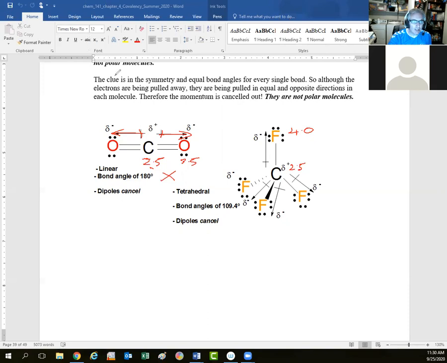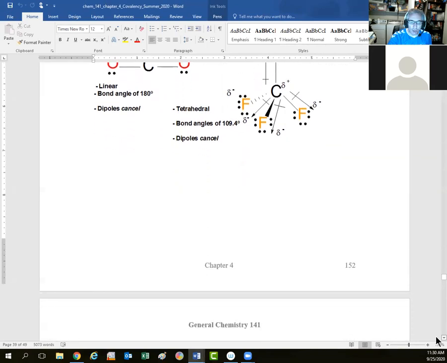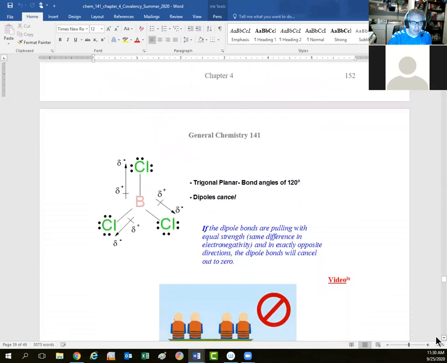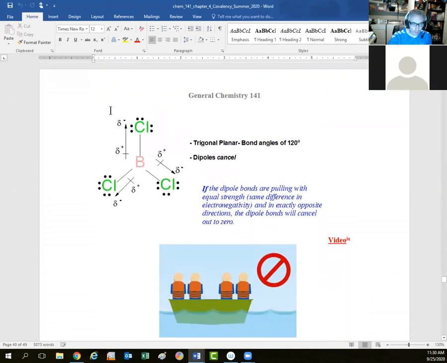And lastly, when the molecule is trigonal planar, the molecule is still non-polar if all three of those bonds are polar. So boron, 2.0, and 3.0 for chlorine.